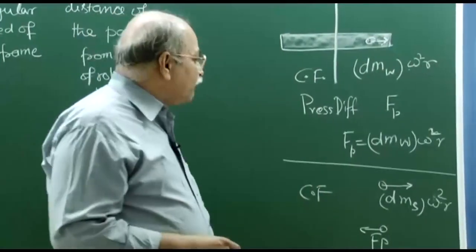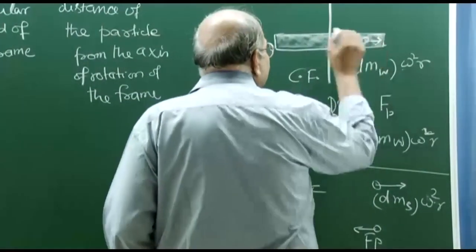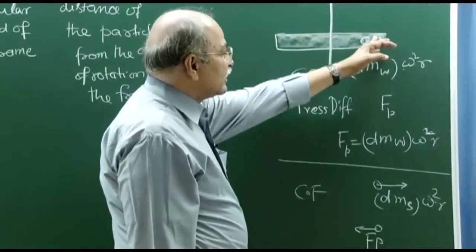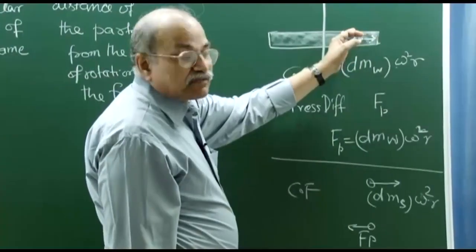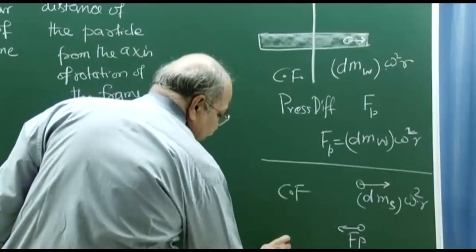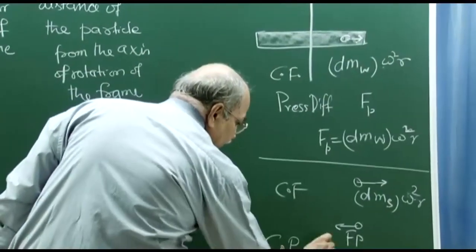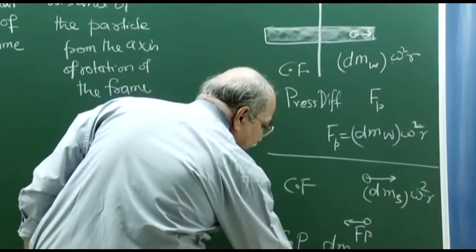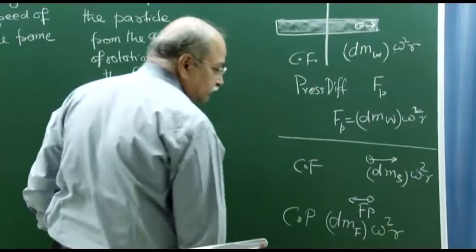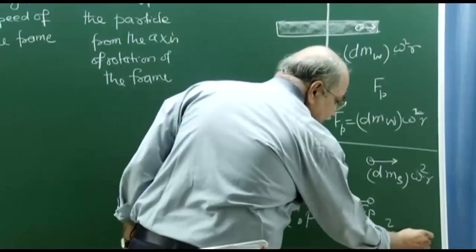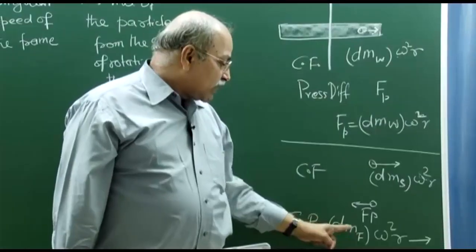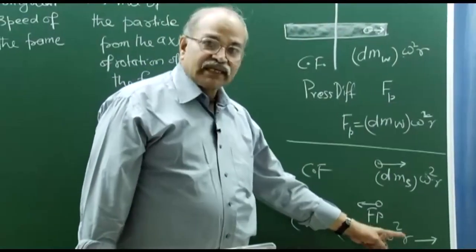Whereas if you have a foam particle, what happens? Once again, the pressure difference force remains the same, that is because of water, and the centrifugal force in that case is this of foam, mass of that foam particle times omega square r, and that is towards the right.